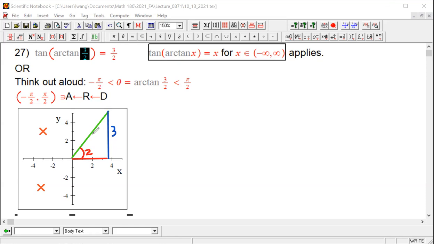So even if you don't know this special identity, you can still figure it out from ARD, DRA. Got it? Did I make myself clear, or am I too slow or too fast? No, you're very clear. Okay, thank you.